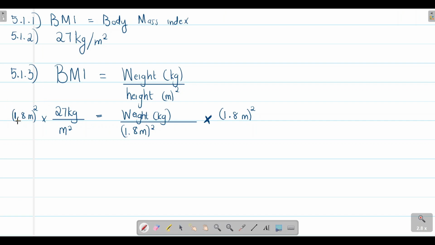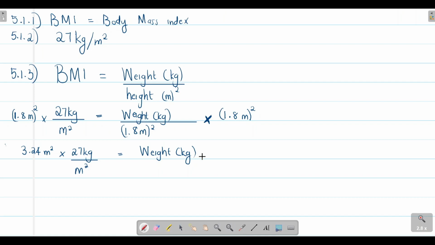Let me just show you. If you punch 1.8 squared into your calculator, you'll get 3.24 meters squared, multiplied by 27 kilograms divided by meters squared, which is equal to the weight. All we need to do now is punch all the values into our calculator.